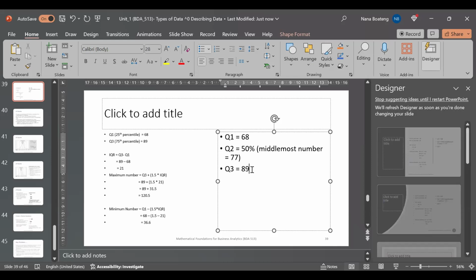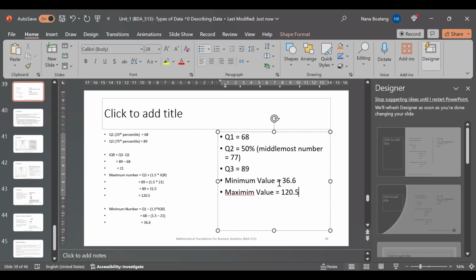All right, and then our minimum number is 36.6, and then our maximum number is 120.5.